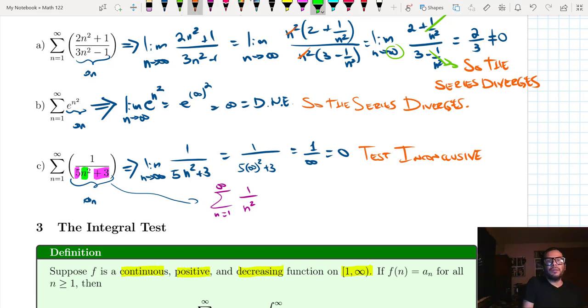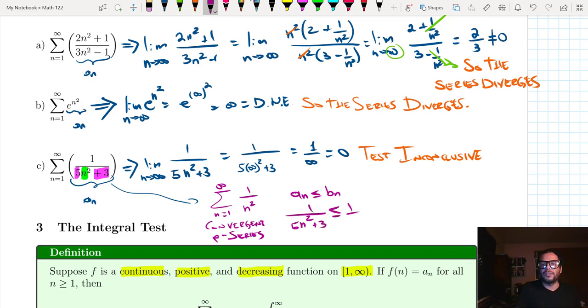So what do we know about this series? This is a convergent P series. In this case we have to show that tiny is less than or equal to small. In other words, is 1 over 5n squared plus 3 less than or equal to 1 over n squared?